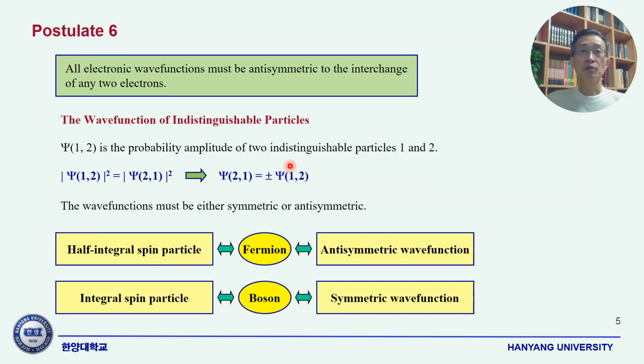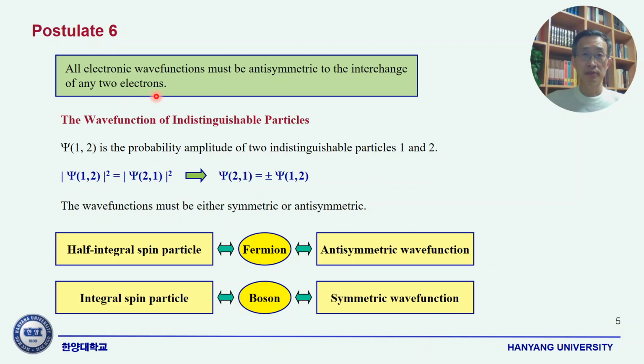Electrons are antisymmetric because they are half-integral spin particles, which we call fermions. Integral spin particles we call bosons. Fermions are represented by antisymmetric wave functions, bosons by symmetric wave functions.